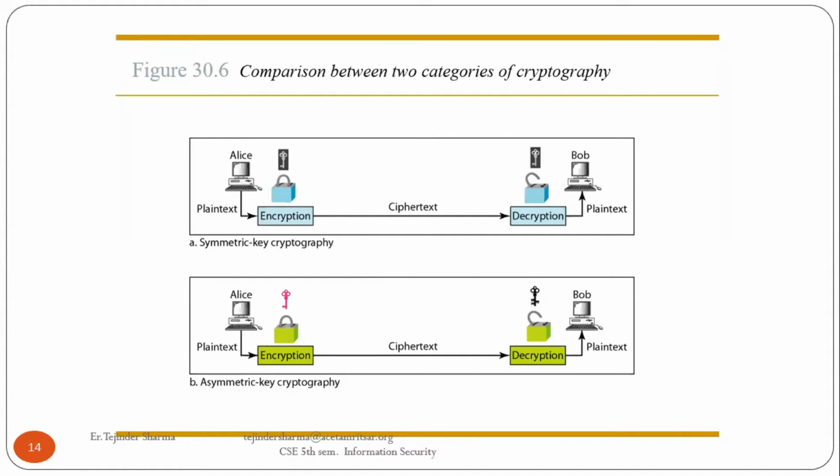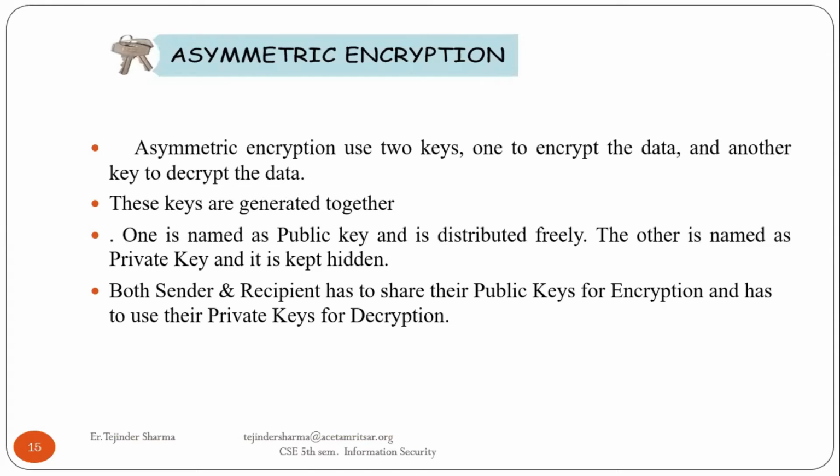And in the second diagram, you can see two keys, the pink key and the black key. The pink key is used to encrypt the data, whereas Bob uses his own private key to decrypt the data. So asymmetric key uses two keys, one to encrypt, another to decrypt.